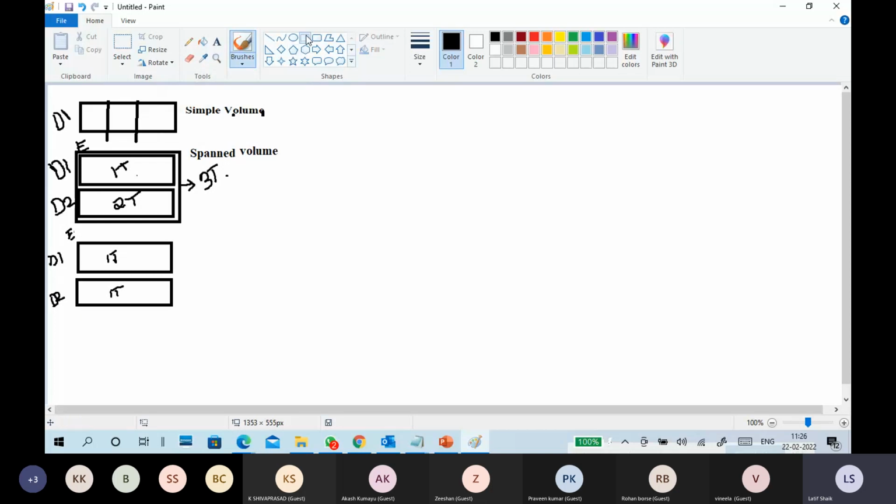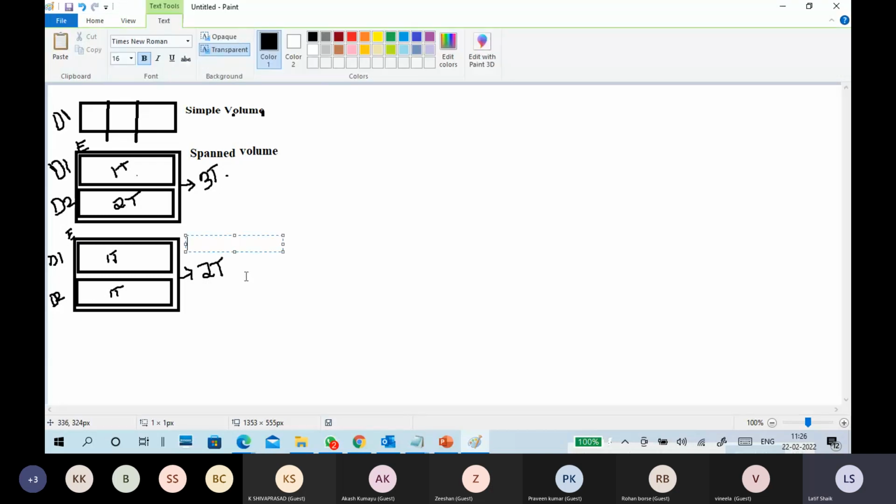The second disk also must be 1 terabyte only. Compulsorily take 1 terabyte, 1 terabyte, 1 terabyte only. So overall we'll get 2 terabytes. This type we call a striped volume.